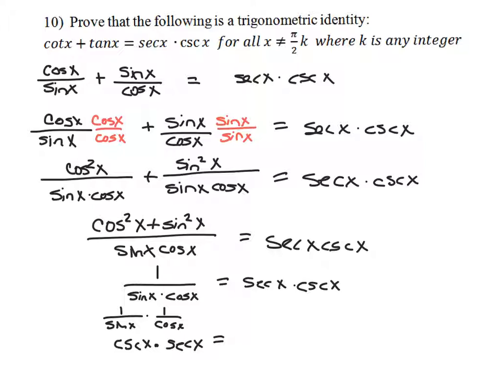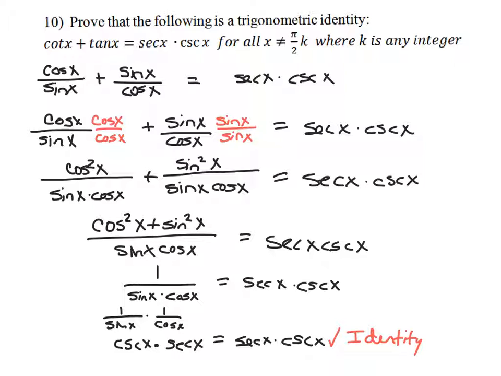And I end up with the left side of my equation being exactly equivalent to the right side of my equation. So when I see that the two sides match, I say, yes, this is an identity, because the left side and the right side match for whatever value of x is in the domain.